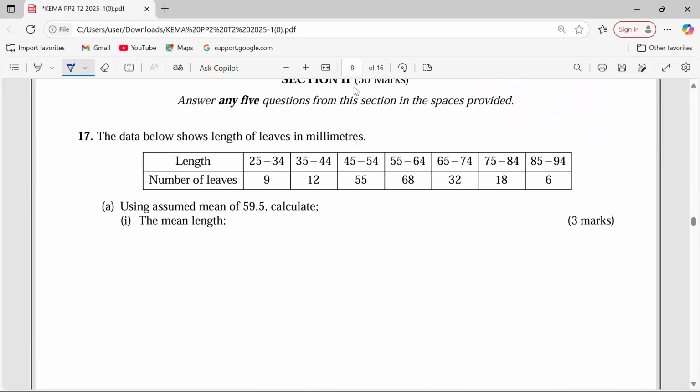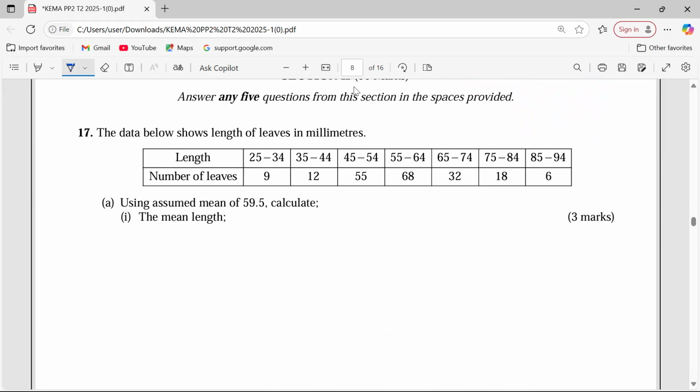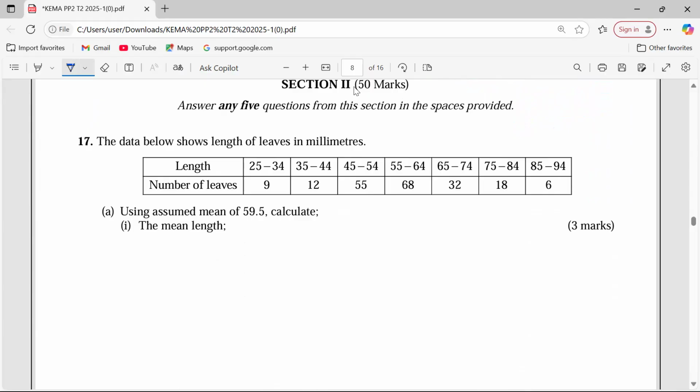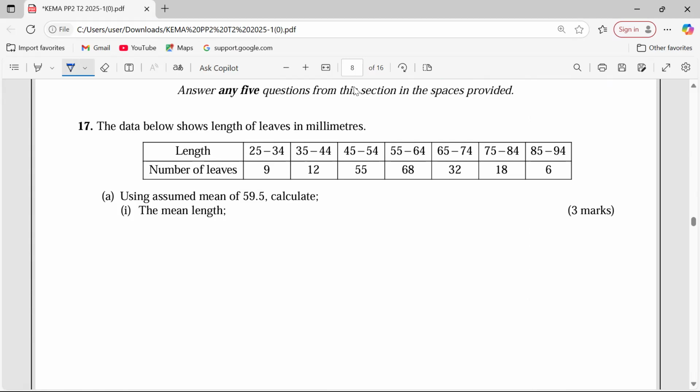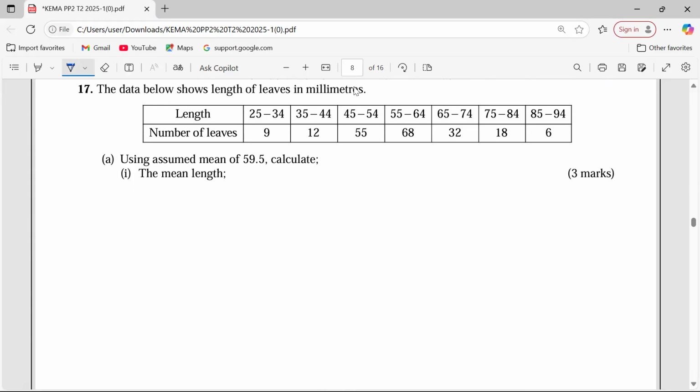Number 17, which is on statistics. The data below shows the lengths of leaves in millimeters. So we have the lengths in classes, the number of leaves with given lengths. Then part A, using an assumed mean of 59.5, calculate the mean length.